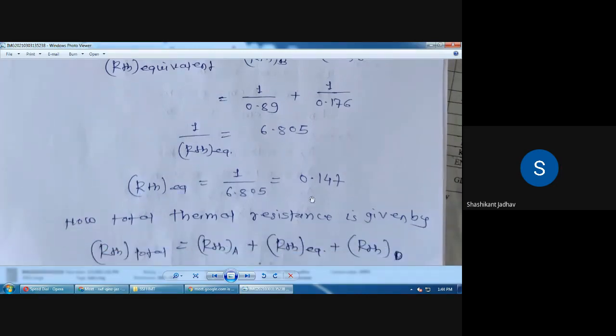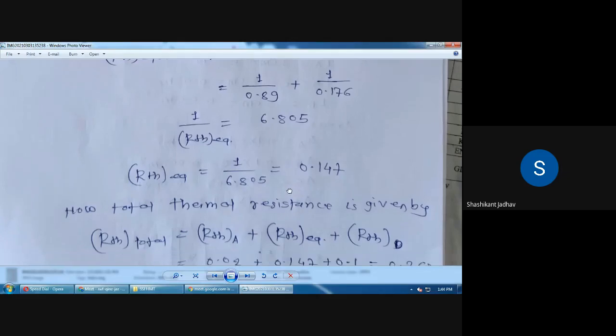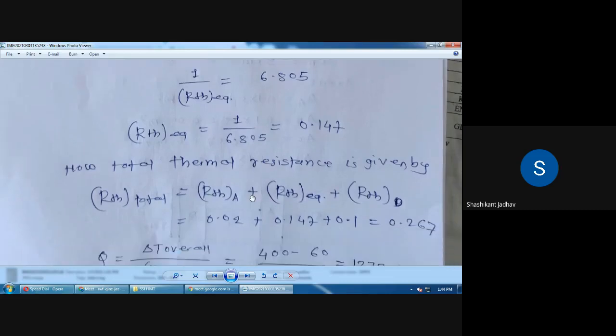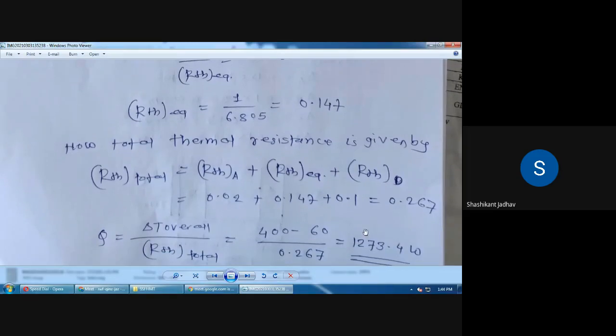Now the total thermal resistance is given by: we have calculated the equivalent of B and C, and A and D will be in series. So to get the total thermal resistance, we add the thermal resistance of plate A, the thermal resistance of the equivalent, and the thermal resistance for plate D. From that we get the total thermal resistance.